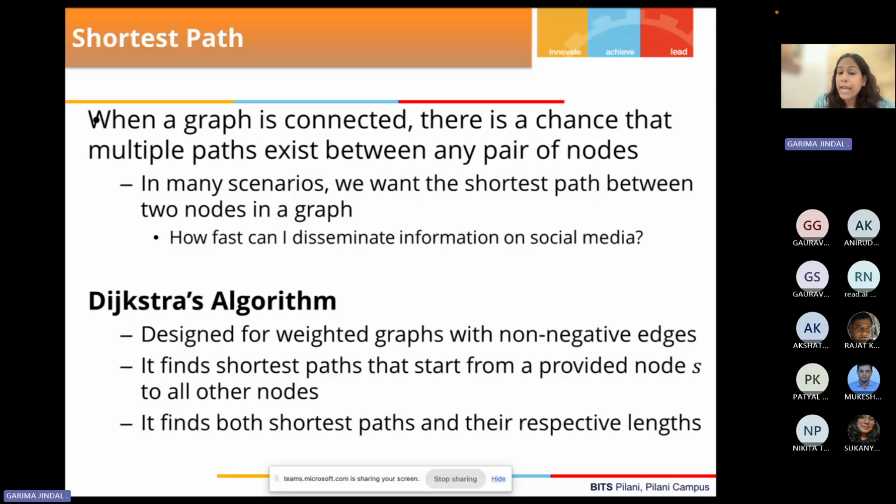Generally, the Dijkstra algorithm works only for positive edges. It finds the shortest path from a provided node to all the other nodes. We have already discussed this. It finds both the shortest path as well as their lengths.